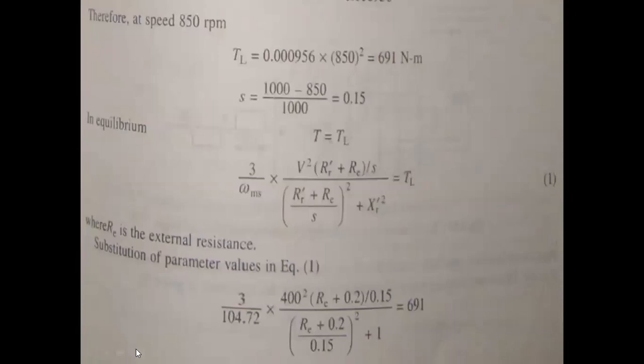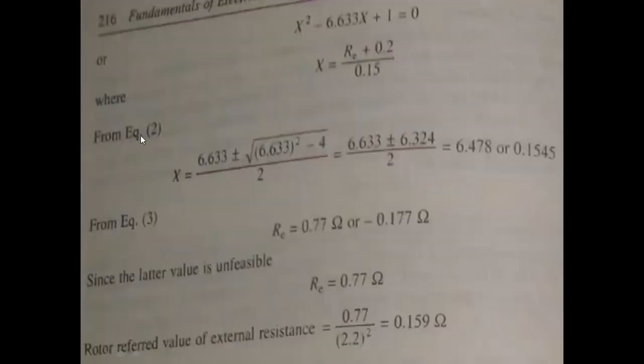So see here, from that equation you are getting a second degree equation, x square minus 6.633 RE.